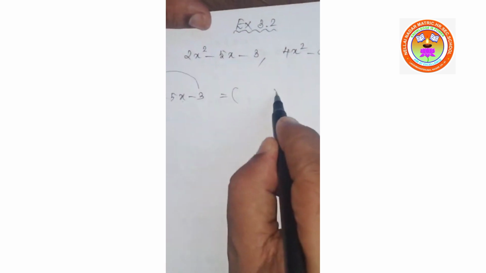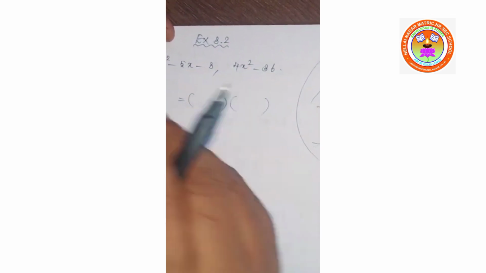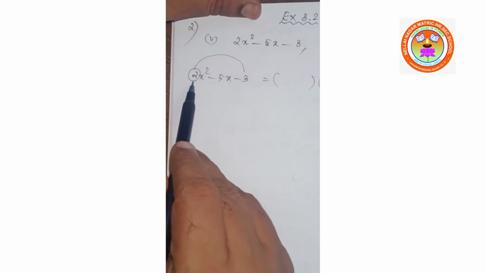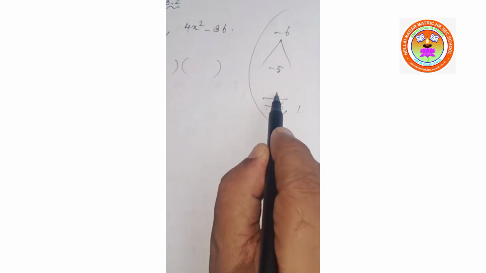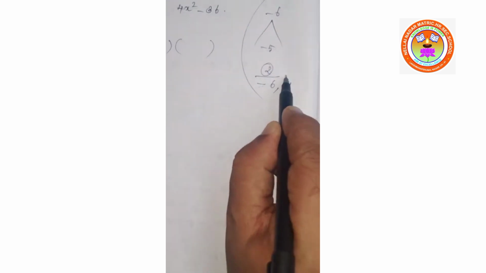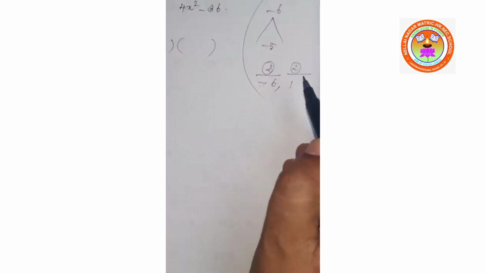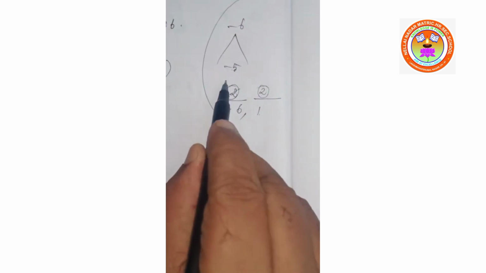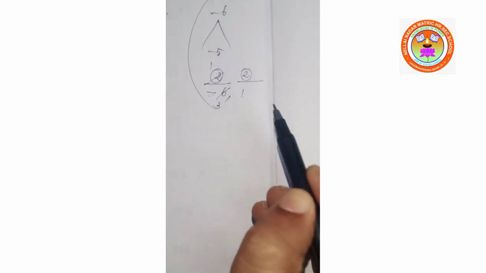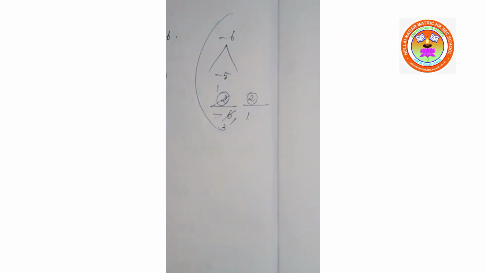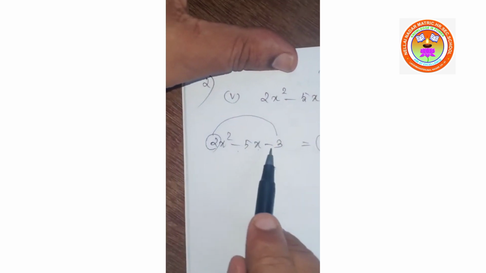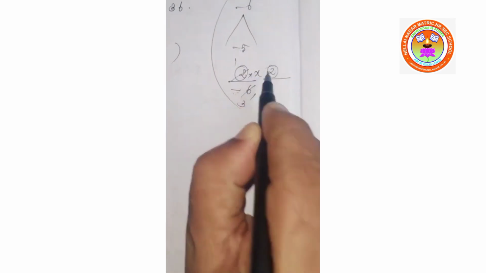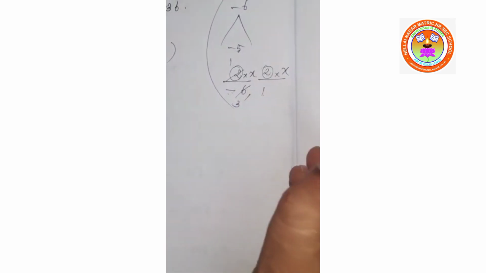For getting the linear factors, consider the coefficient of x squared, which is 2, and write 2 in the numerator. If it is possible, you can simplify. Divide by 2: 2 times 1, 2 times 3. Then write the expression in terms of x.